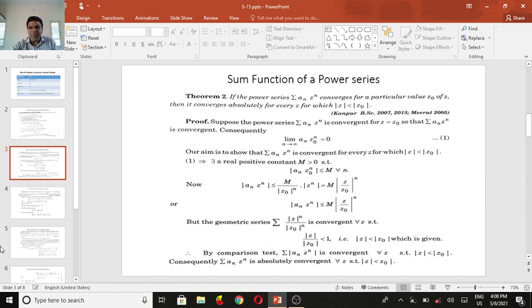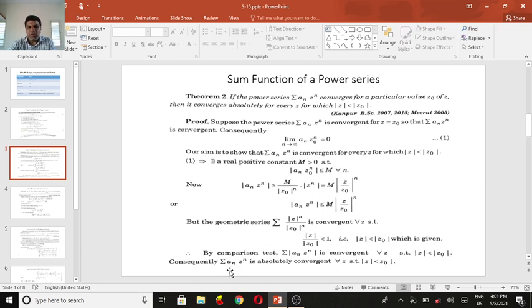But we compare with the geometric series. The geometric series, summation (z / z0)^n, converges for every value of z such that |z / z0| < 1. By the comparison test, the power series summation an z^n is convergent for every z such that |z| < |z0|.